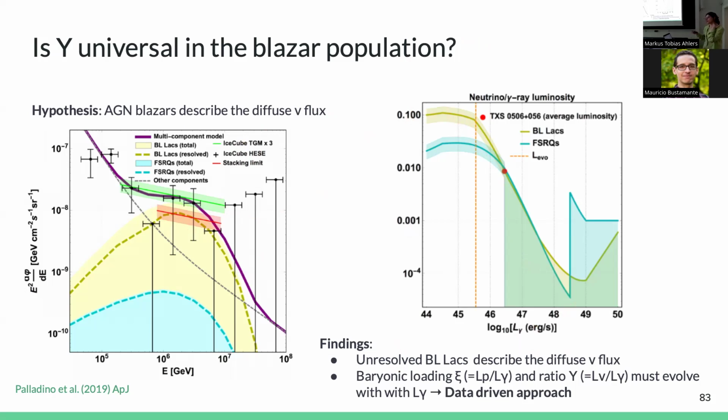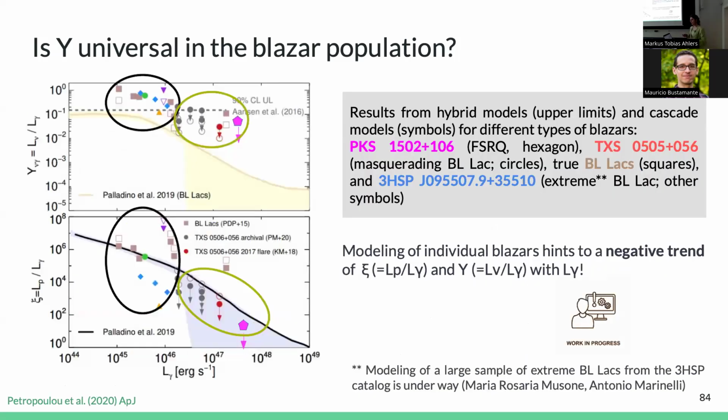The question is, can we answer this question quite differently? And I think yes, but we are starting now. Another approach is, instead of addressing this question like that, you can model individual blazars with different characteristics, different gamma ray luminosities, and try to compute from your theoretical model what this Y parameter is.